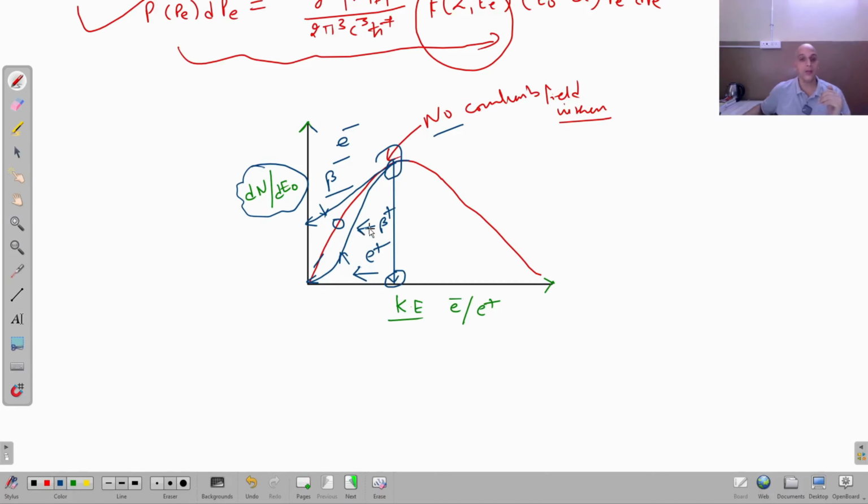But if we look at the low energy range, then we have more electrons. More electrons, why? Because they are attracted by the Coulomb field, right? And they are behaving differently than these positrons. This is the way in which you can also see the analysis of this graph.